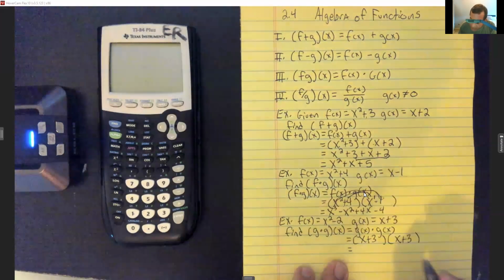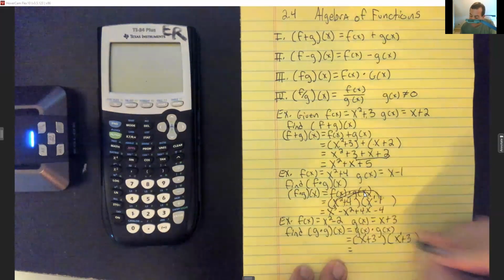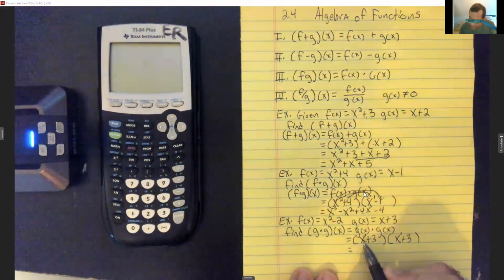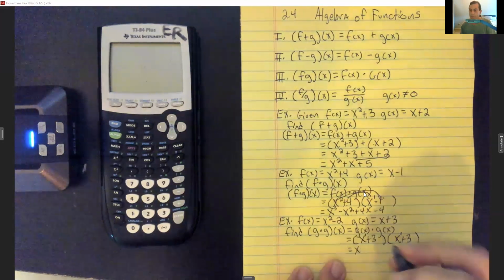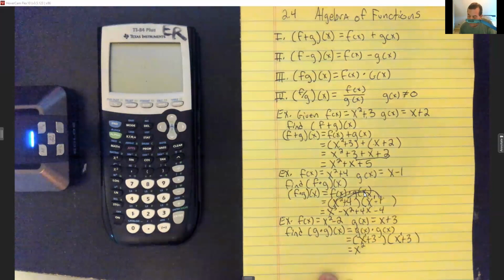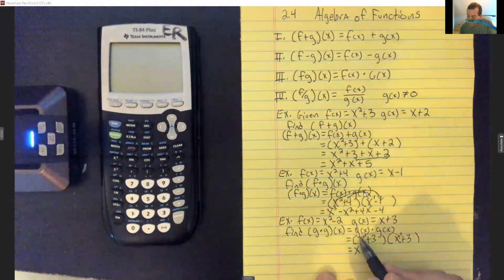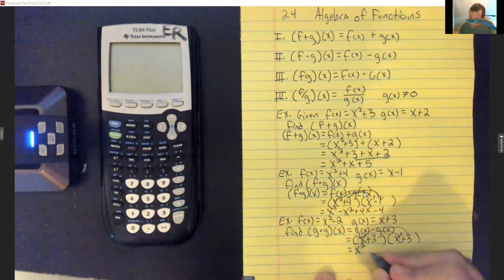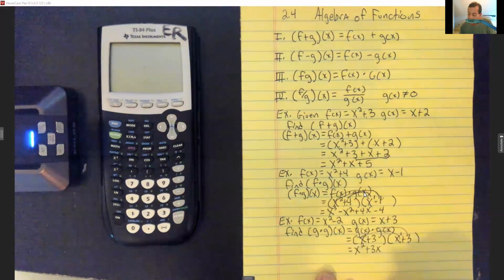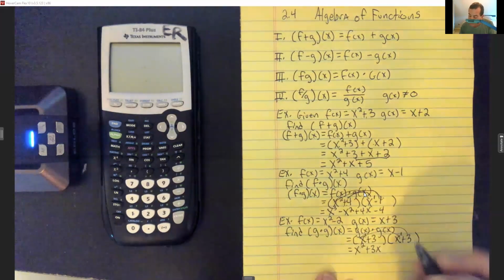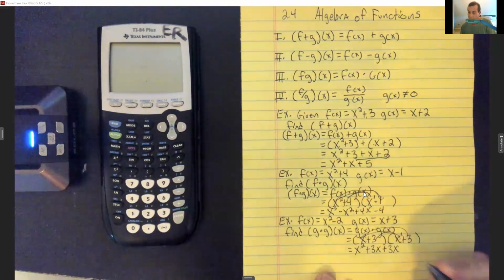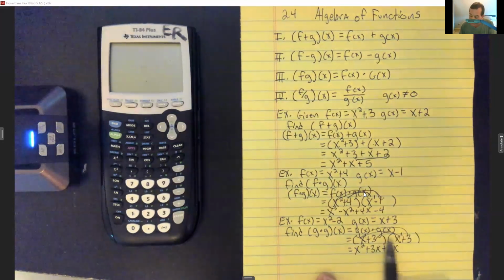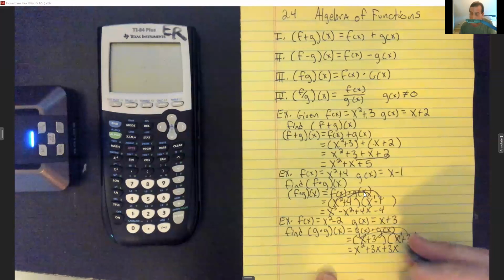Remember, these x's have a 1 by them because when I multiply the x times the x, I get an x. 1 plus 1 is 2. So that took care of that. Then I do x times 3. That's 3x. Now we take this 3 times the x, and we get another 3x. And then finally, y'all, I take the 3 times the 3, which gives me a positive 9.